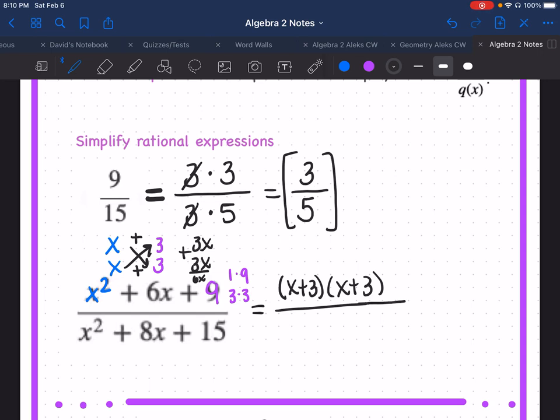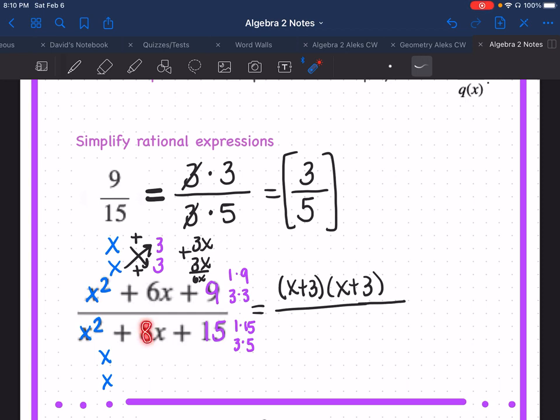And my two factors are x plus 3 times x plus 3 for my numerator's polynomial. Let's go ahead and factor the denominator's polynomial. So once again, we see x squared, so we're going to think of that as x times x. And then we have 15. We could think of that as 1 times 15, or it could be 3 times 5. We're going to make our decision based on what b is. B is 8.